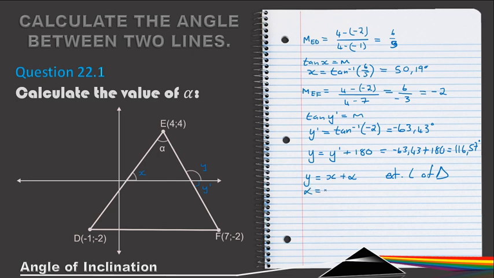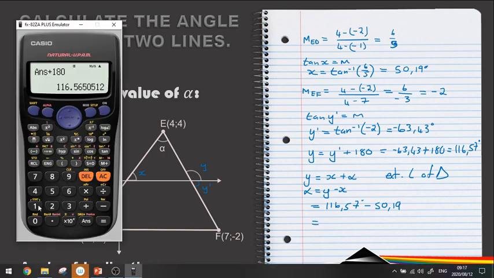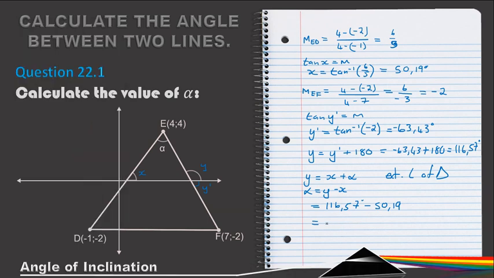So alpha is equal to y minus x, and if we substitute in those values, y is 116.57 minus 50.19, and this will give us 116.57 minus 50.19 is 66.38.